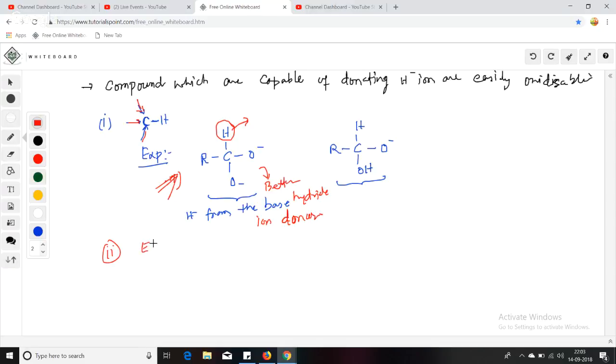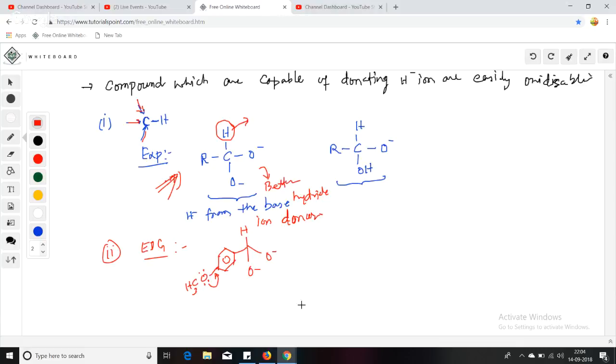Electron donating group, EDG. See this example: I have one benzene ring, and in this we have O minus, O minus, and H, and at this position we have OCH3 present. OCH3 we know is the methoxy group, and it is an electron donating group.